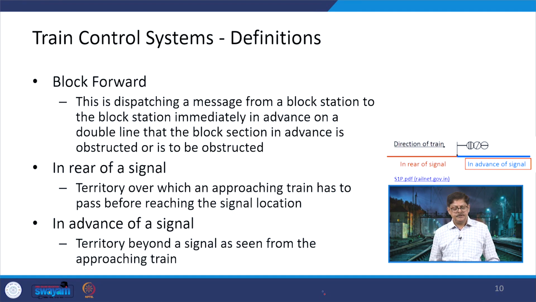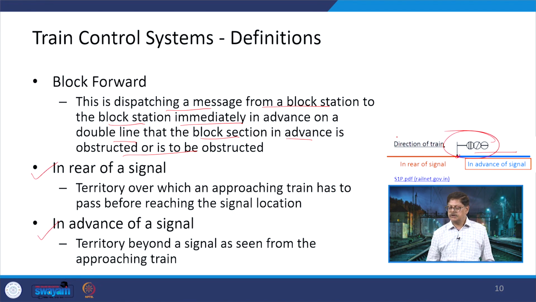Block forward, this is dispatching a message from a block station to the block station immediately in advance on a double line, that the block station in advance is obstructed or is going to be obstructed. So, in advance of a signal, this particular section is what we are looking at here. Now, the other two terminologies are in rear of a signal and in advance of a signal.